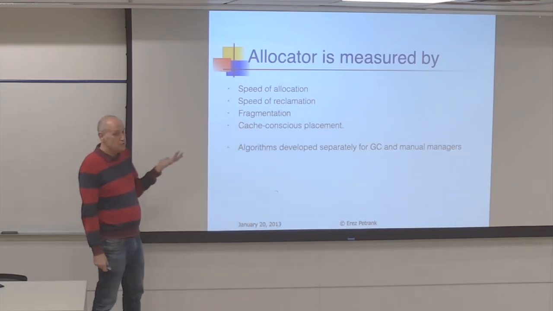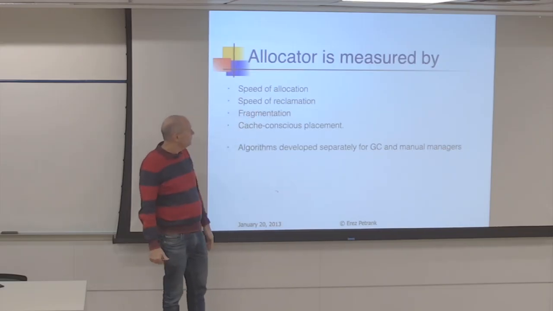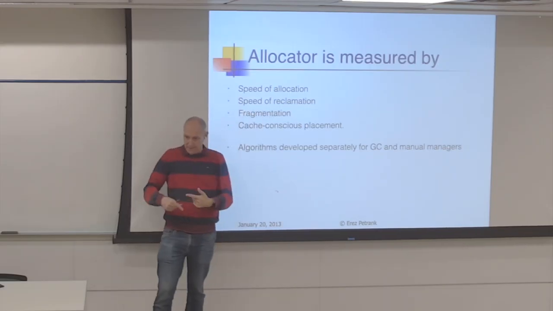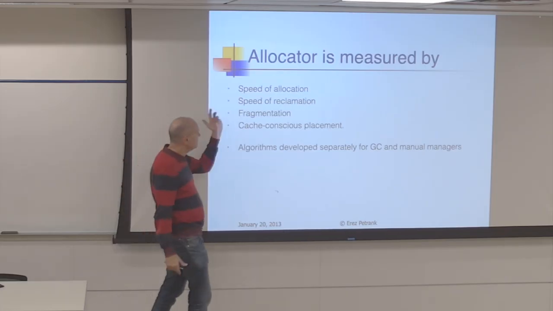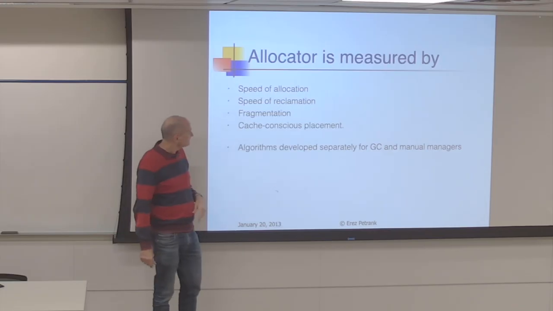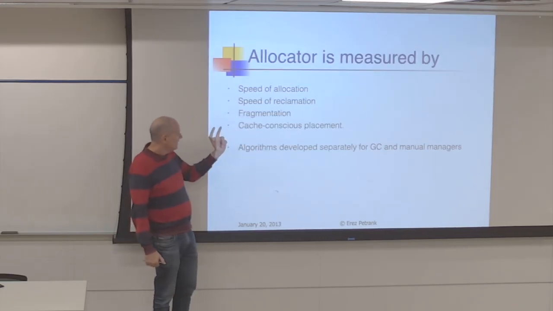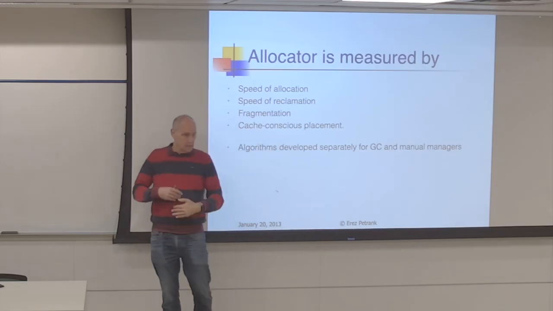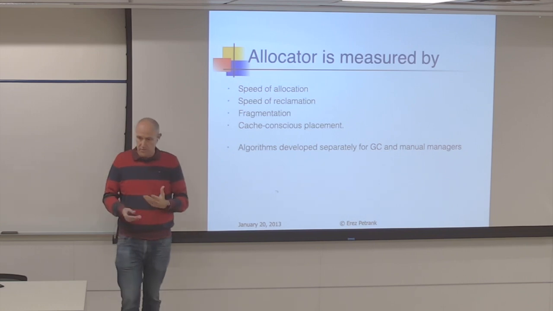So an allocator is usually, very naturally, measured by speed of allocation, how much time it takes to allocate, how much time it takes to free an object. All of that is very clear. Fragmentation, we'll talk about that soon. Cache conscious: you should be aware that there is a cache, there is locality.